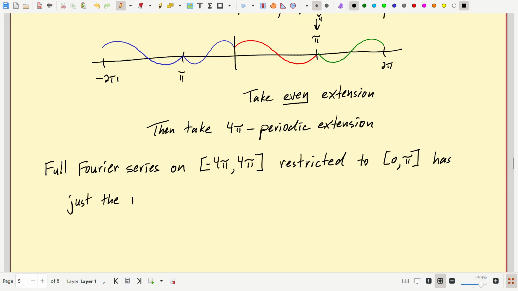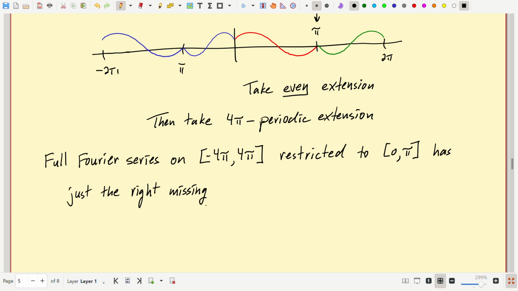So it has just the right missing terms to see that we have a complete system. So if you're desperate and you want to prove this without doing anything new, then you can actually do it, to see we have a complete system.